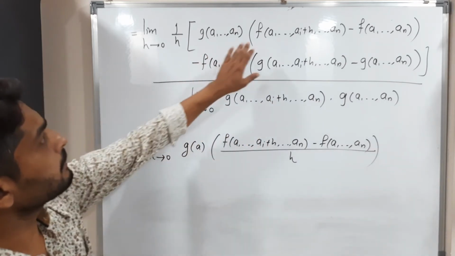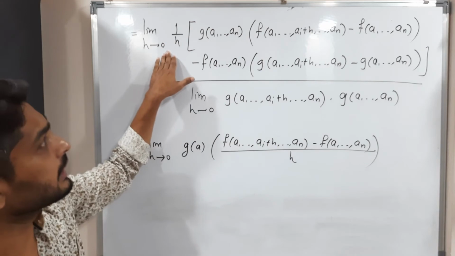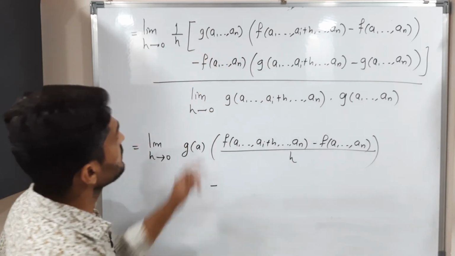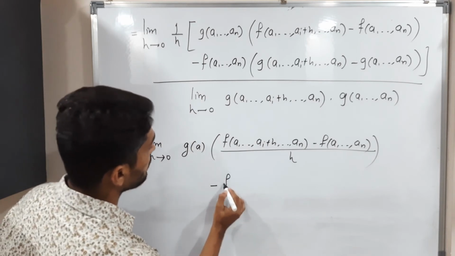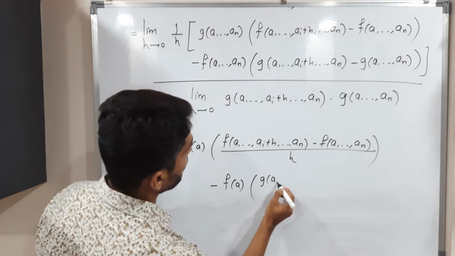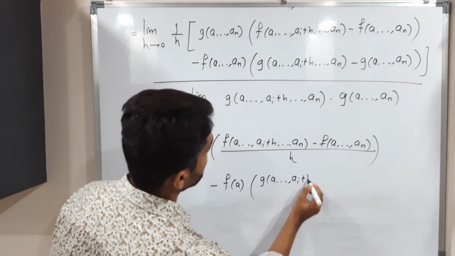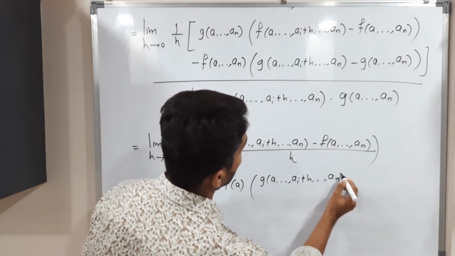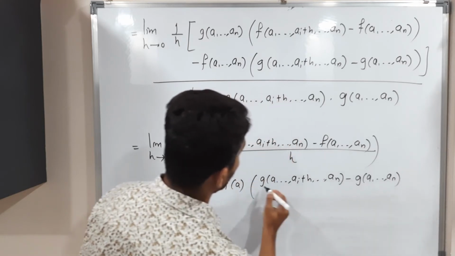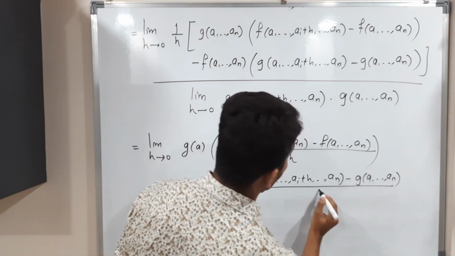So we have multiplied this bracket by this 1 by h. Similarly, we have to multiply this bracket by 1 by h minus, this is nothing but f of a, right? f of a, g of a1, a2 and so on ai plus h and so on n minus g of a1, a2 and so on n, divided by h.